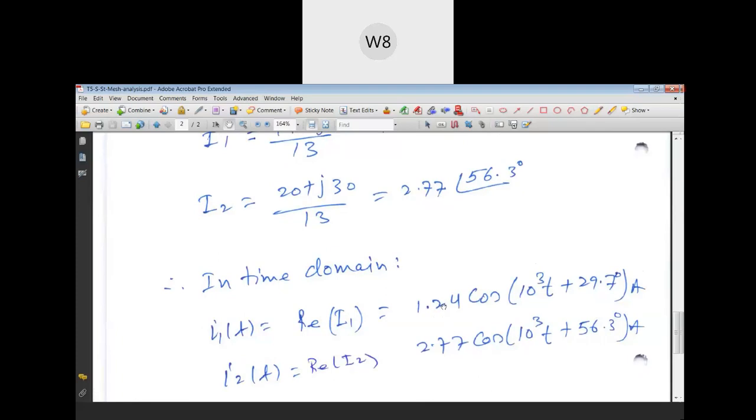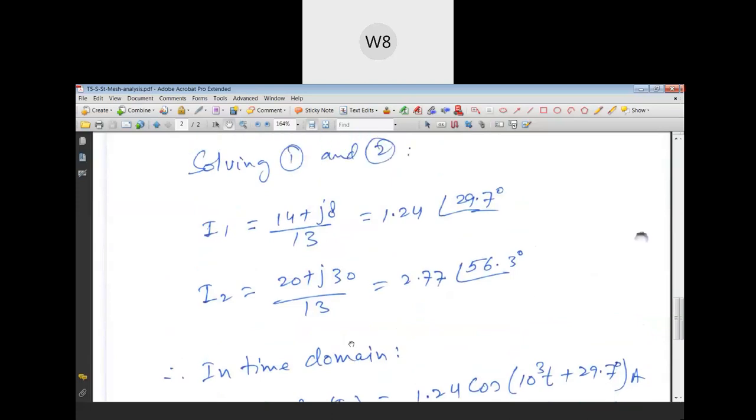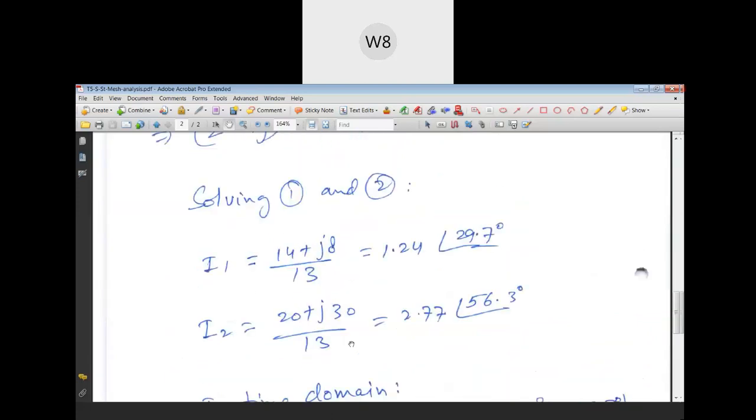And as you know, these are basically the real part of, I have made a mistake here, not the real part of I1, but the real part of I1 multiplied by e raised to the power j omega t, which here is 1000t. So there is a typo in these two expressions. Once again, all the key steps of the DC analysis will be valid for the sinusoidal and phasor case also.